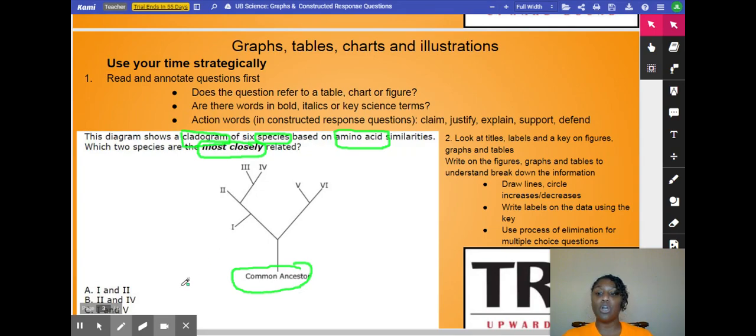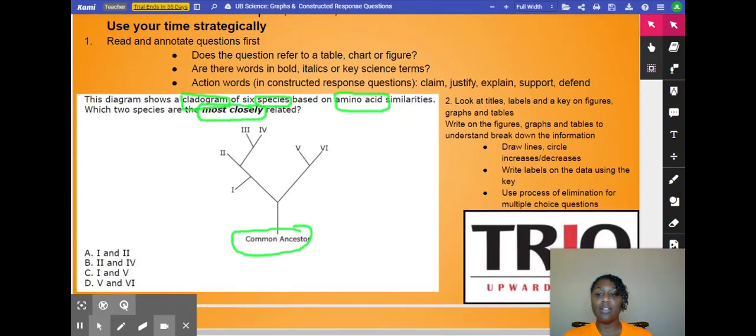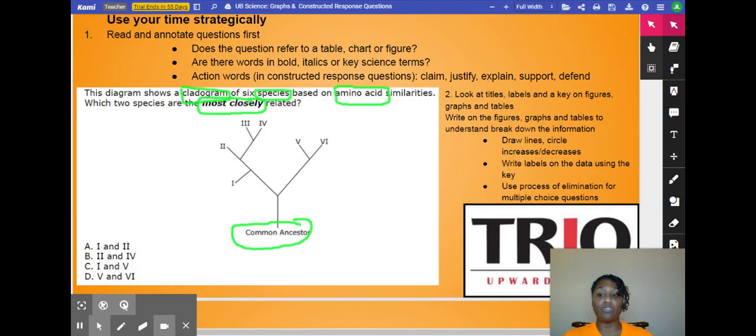So even if we don't really understand the words that we have circled or identified in the question, we can just use our reading skills to answer this question correctly. Basically, it's asking us which species are most closely related in this diagram.